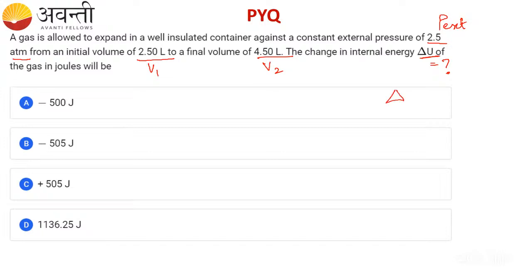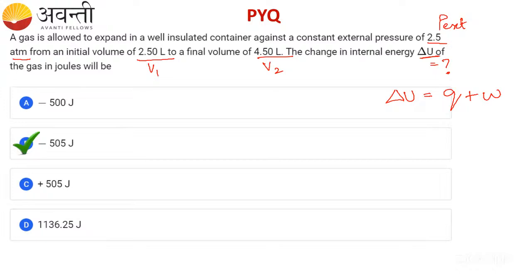Can anyone tell me? Delta U is equal to Q plus W. This is the formula we get from the first law of thermodynamics. Very good, Rakshita. It is Q plus W. Now, from this only we have to find out the value of delta U.